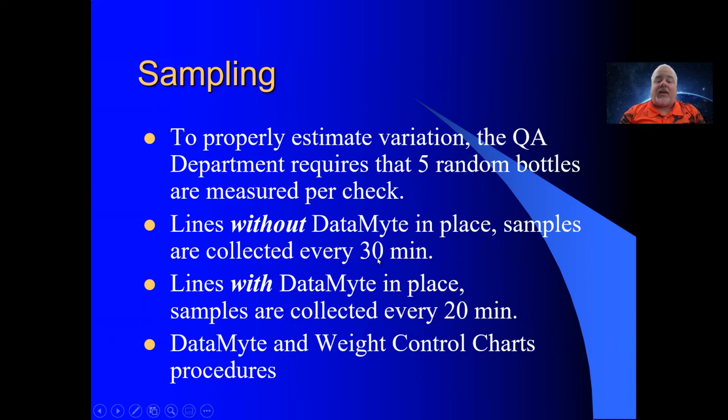If you had the Datamite in place, 20 minutes. If you didn't have it, 30 minutes. That's just the routine that McCormick went through. So if everything immediately went bad right after you did a check, no more than 30 minutes of production could be out of specifications or out of control.